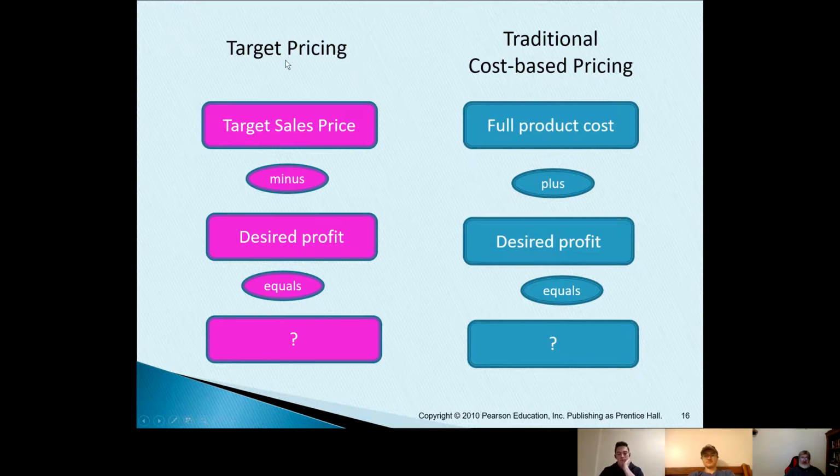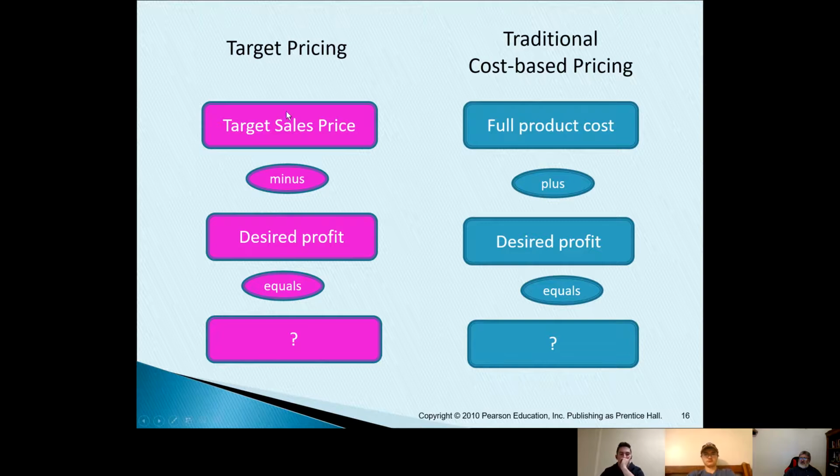So, target based. Sometimes you're in a market where the product, or what the customer is willing to spend, is going to dictate how much you can sell something for. Okay?